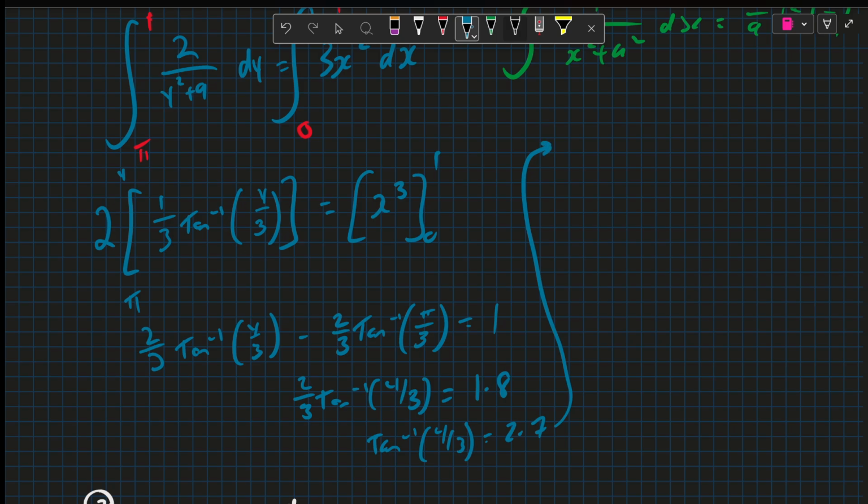Take the tan of it and times by 3, so we get y equals 3 tan of 2.7, of course taking our answer in radians. We get about minus 1.4 as our answer there.